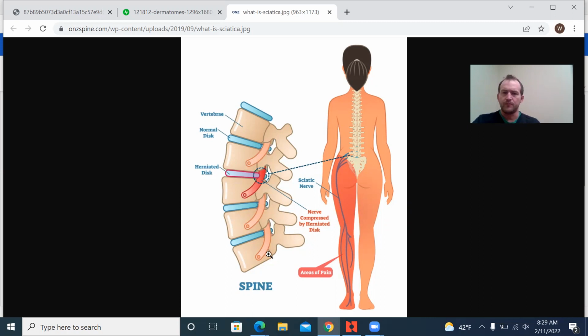And it's very important that the space between each vertebra has enough space to allow these nerve roots to come out unimpeded. If they get pushed on, depending on where they're getting pushed on, you can have a presentation of symptoms in a certain area, which is helpful to diagnose.